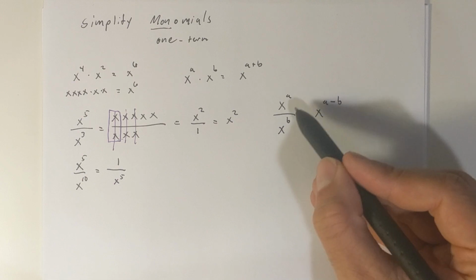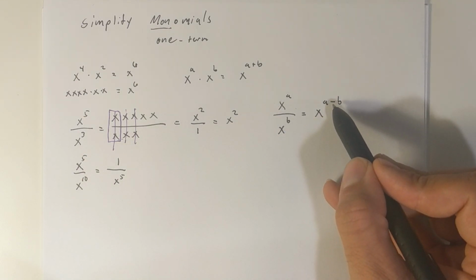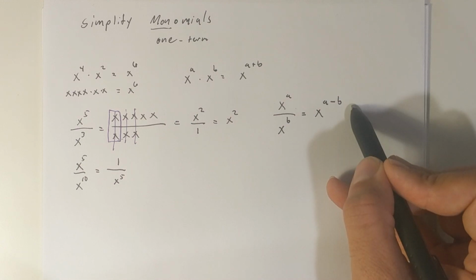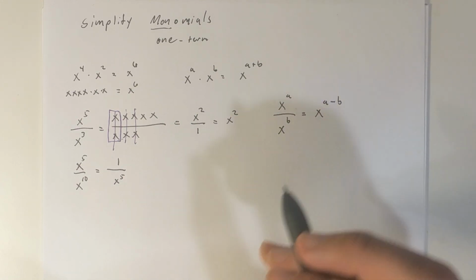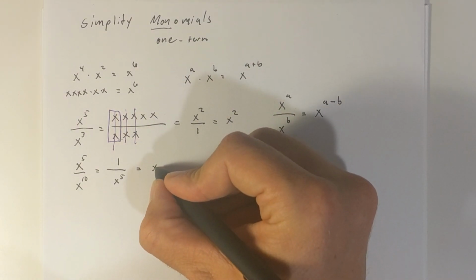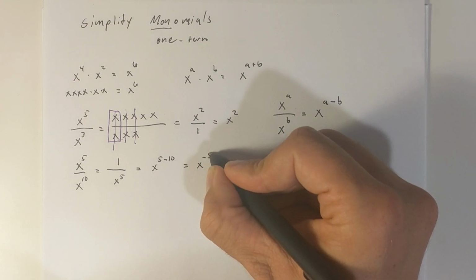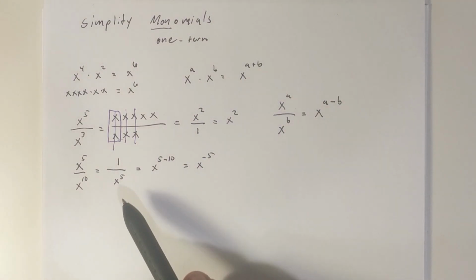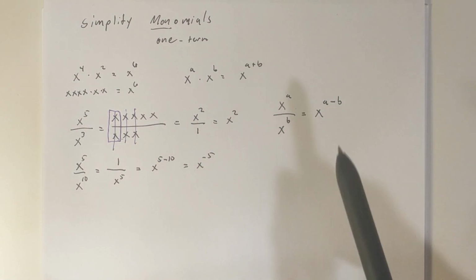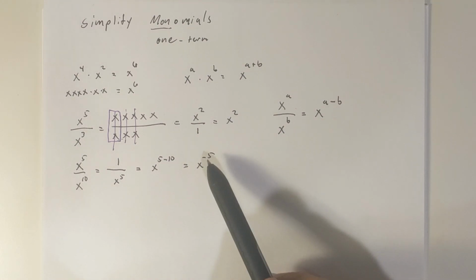However, if we follow our property of where I subtract the bottom exponent from the top, if I follow that property, I would actually be ending up with x to the 5 minus 10, or x to the negative fifth, which brings us to our next property, basically negative exponents. So what can you do with negative exponents?